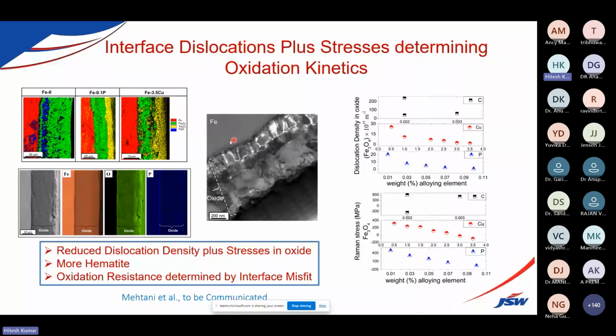So this is the bright field image which we took. The bright field image is basically capturing the normal image in the TEM. In the dark field, we basically either tilt the beam or tilt the specimen. And in most cases we tilt the specimen.